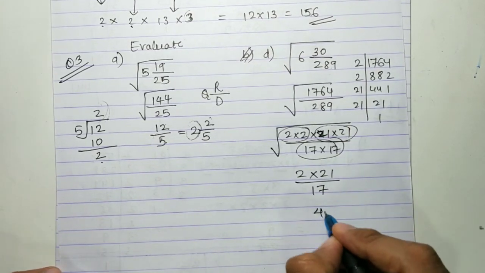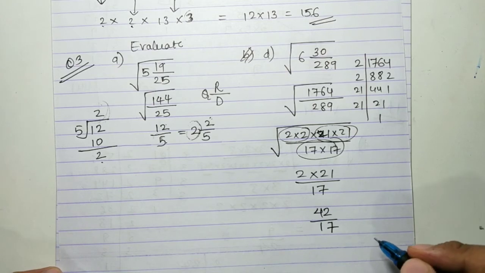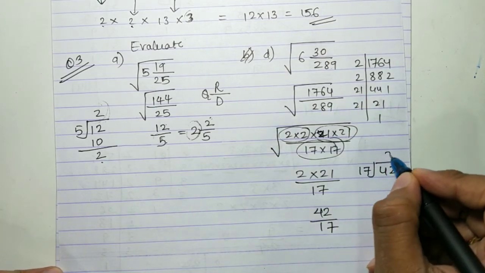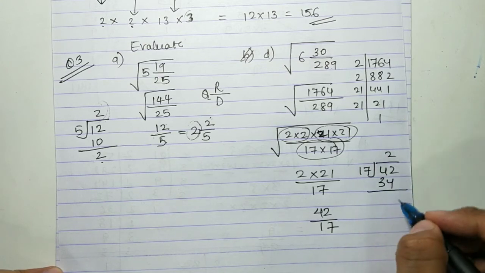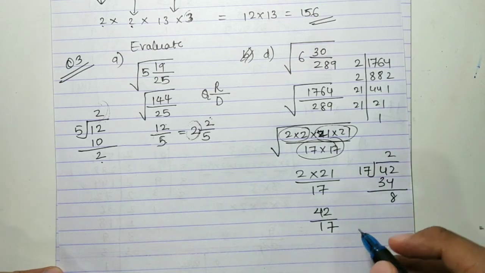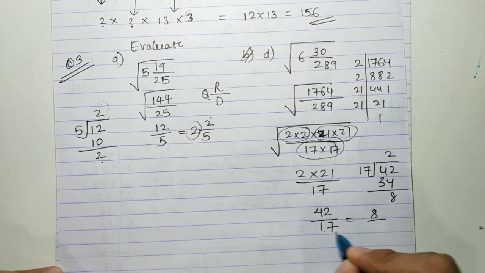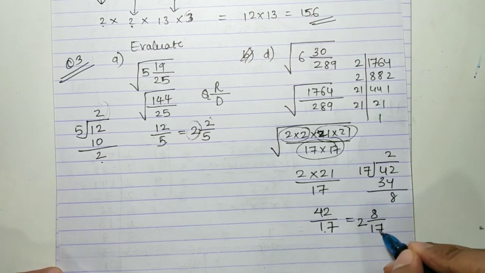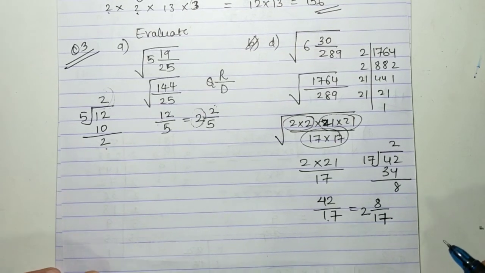Okay, so this will become 42 upon 17. And if you want to make it into mixed fraction, 17 2s are 34, subtract and we get 8. So what will happen? The remainder goes on top, 17 below and the quotient on the side. This is my answer. Evaluate, simple evaluation.